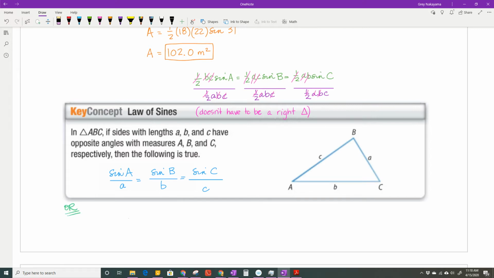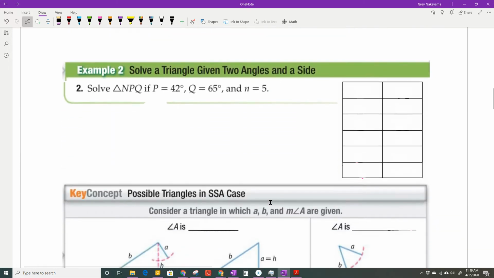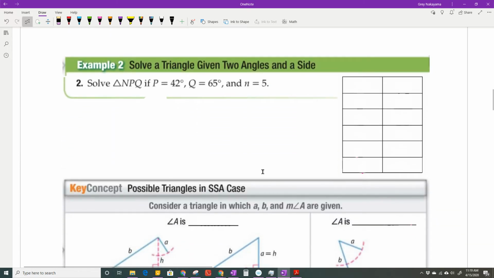Or with my properties of proportions, I can have a over the sine of A equals b over the sine of B equals c over the sine of C. So you can flip the whole thing as long as you, of course, flip each ratio, and that's an equivalent thing. You're going to see as I go through the video how I use that to make the solving a little bit faster.